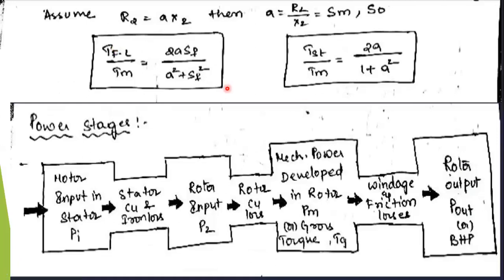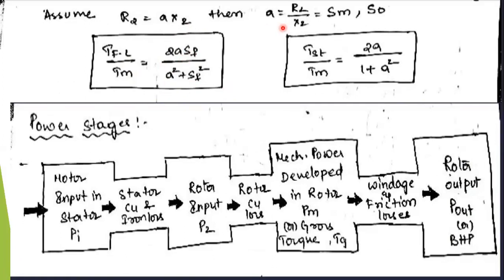This is the full load ratio, 2 SF SM by SM square plus SF square. For simplification, I can put a is equal to R2 by X2, nothing but SM is equal to a, small a. With that assumption, Tf by Tm is equal to 2a Sf by a square plus Sf square, where Sf is full load slip and a is maximum slip.